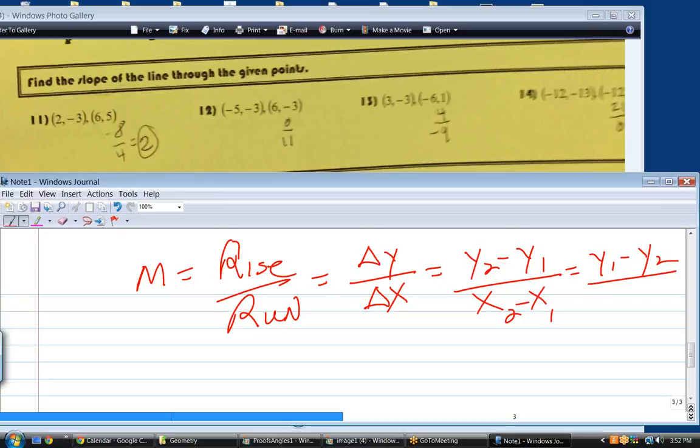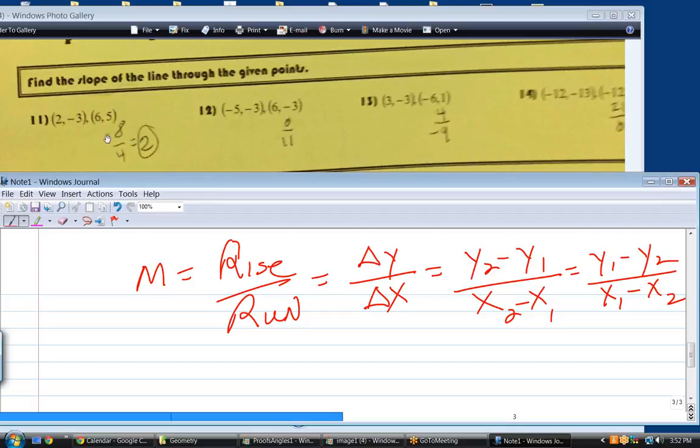Sometimes the arithmetic's easier if you switch it. For example, not this one. This one, it's easier if you do y sub 2 minus y sub 1 and 6 minus 2.